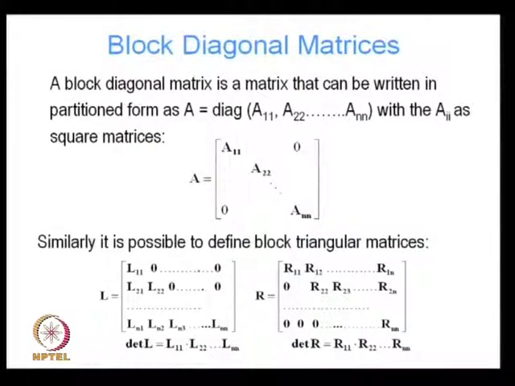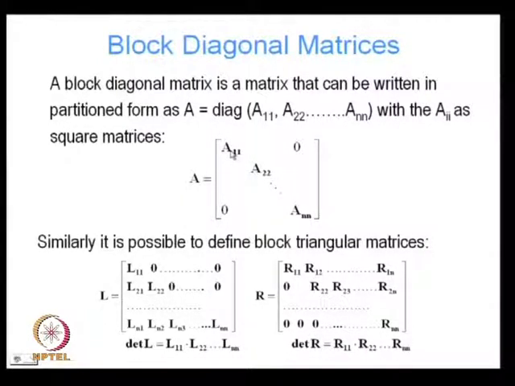Next, we want to talk about block diagonal matrices. A block diagonal matrix is a matrix that can be written in partition form as A equal to diagonal A11, A22 through Ann. That is, A is a partition matrix, but A11, A22, Ann are actually matrices.